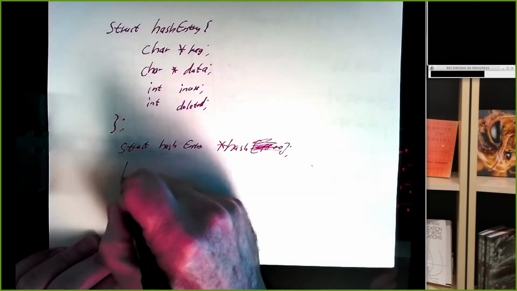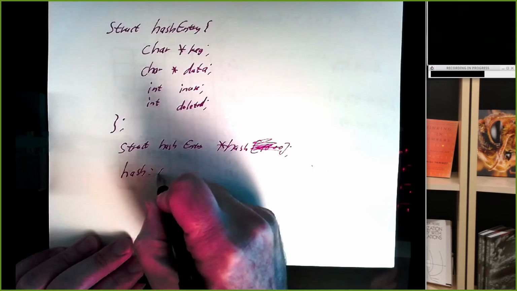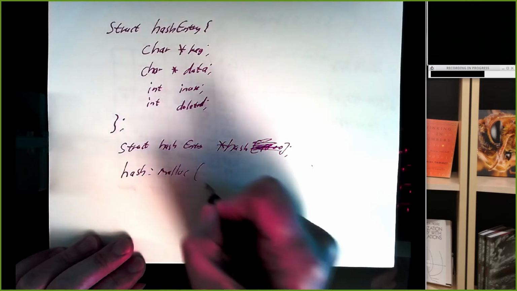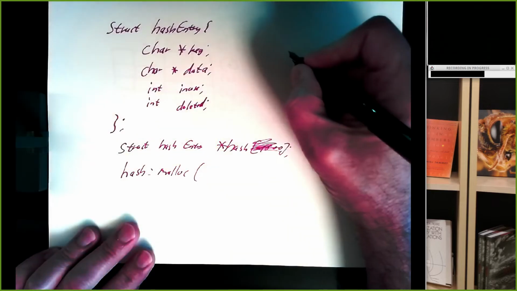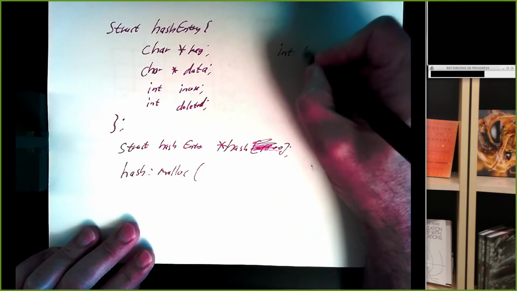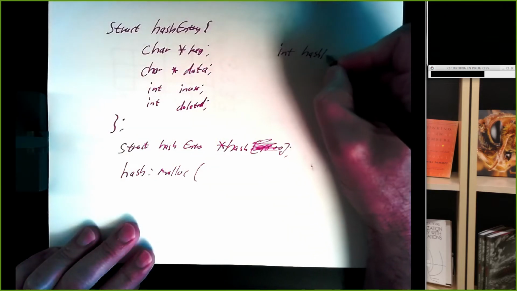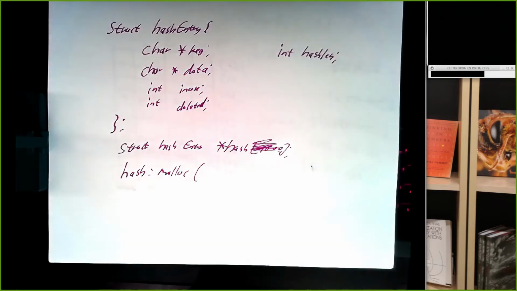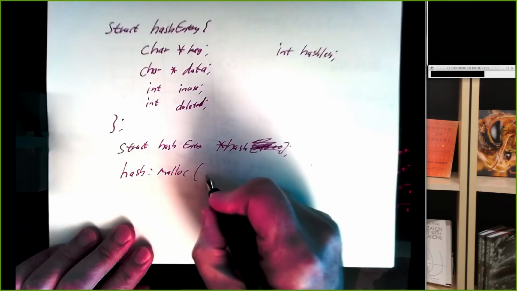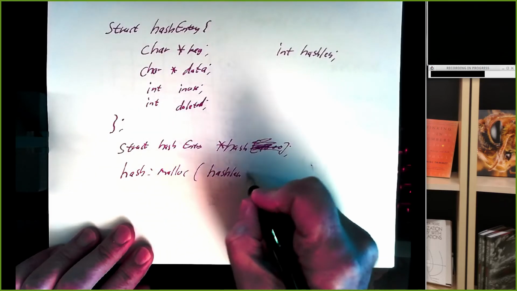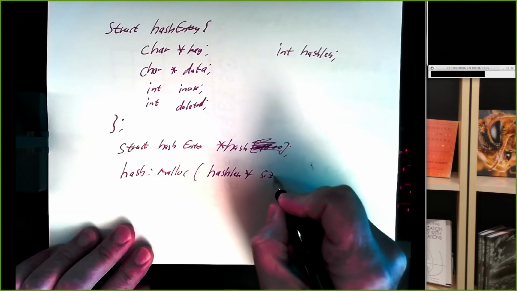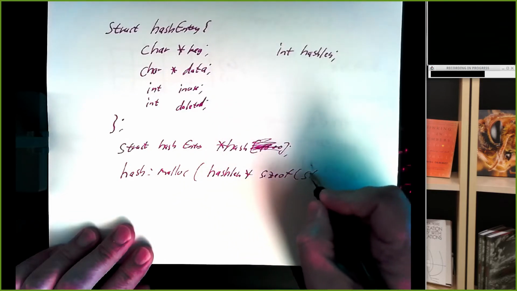We'd say hash equals malloc of some initial hash length times sizeof a struct hash entry.